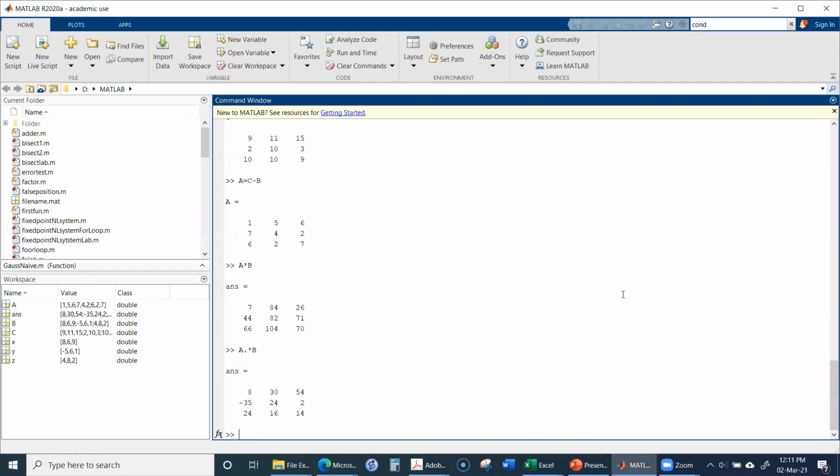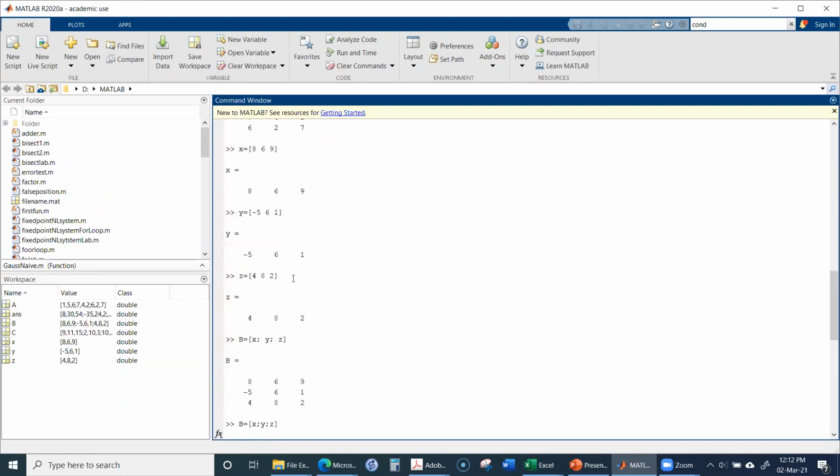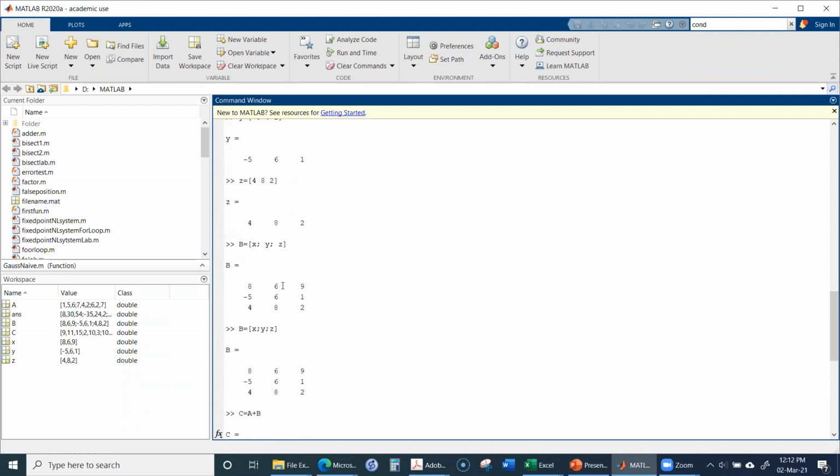For example, A was 1, and 1 is multiplied by 8, that is 8, and A was 5, this element 5 will be multiplied by 6, that will be 30. So this is the element by element multiplication.